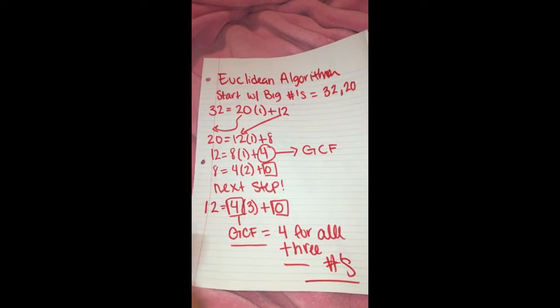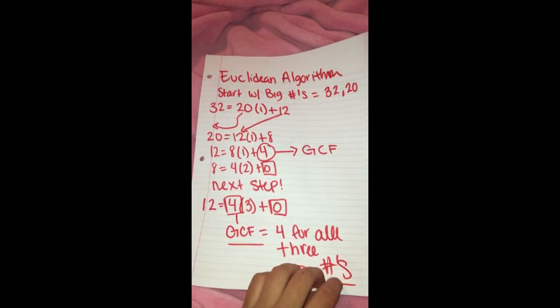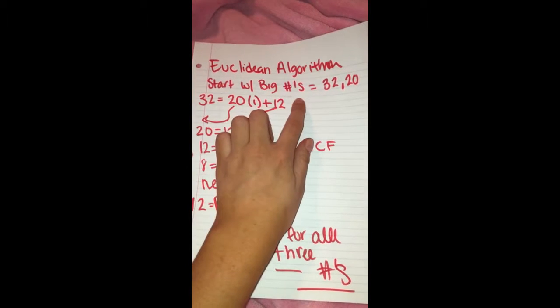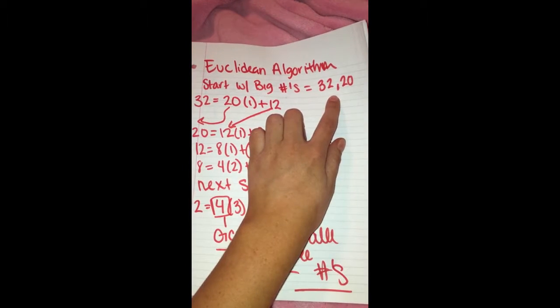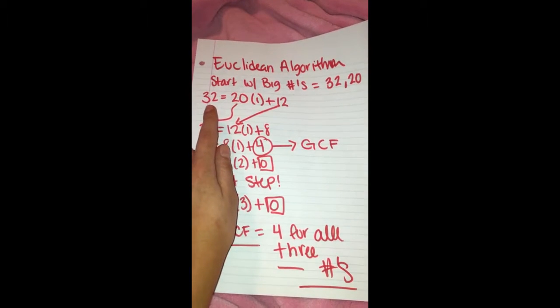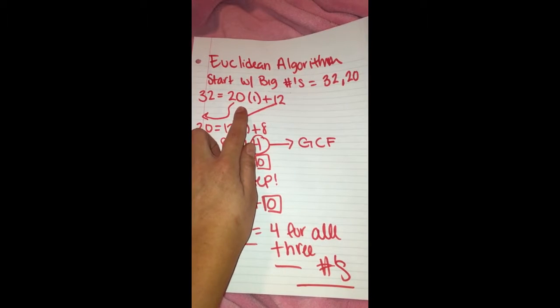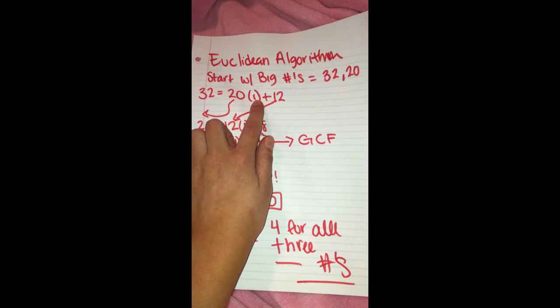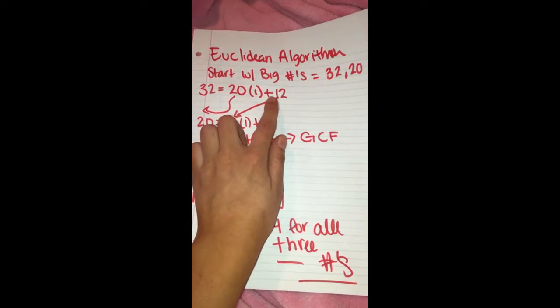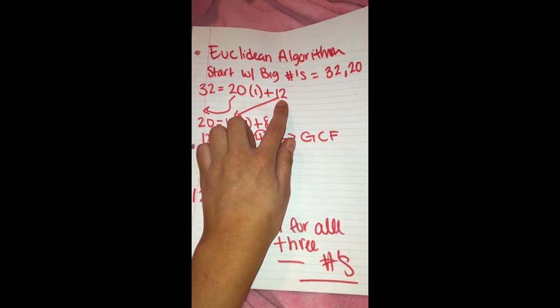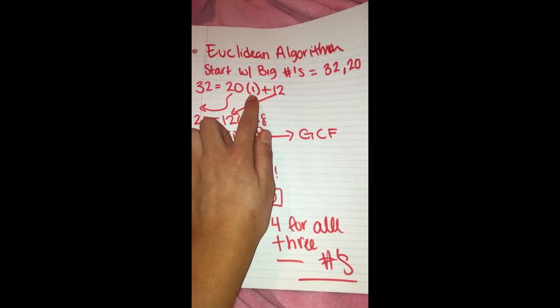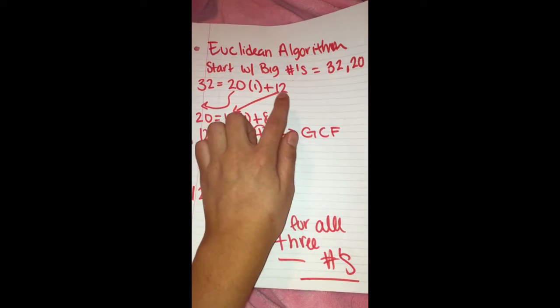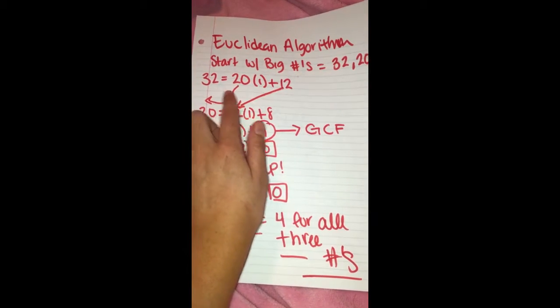The next method is the algorithm. Start with your biggest numbers, which would be 32 and 20. You take 32, which equals 20, and since 20 goes into 32 one time, you multiply that, and then add 12. 12 is the remainder. So 20 times 1 equals 20, and you have a remainder of 12 to get to 32.